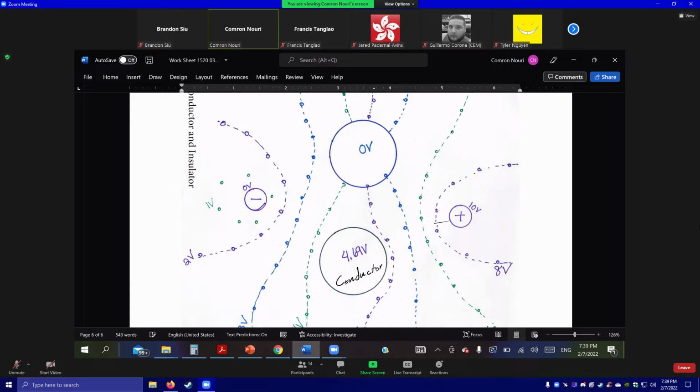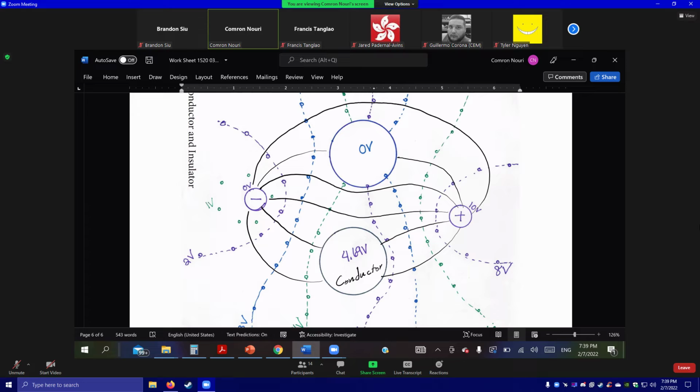So it will be like that and goes to this, and then on the other side also goes to that, right? Sometimes it is distorted. And for this one, you don't care because it goes like this. Try to do some so that you understand how it works. In this case, the field lines are distorted by these two regions.